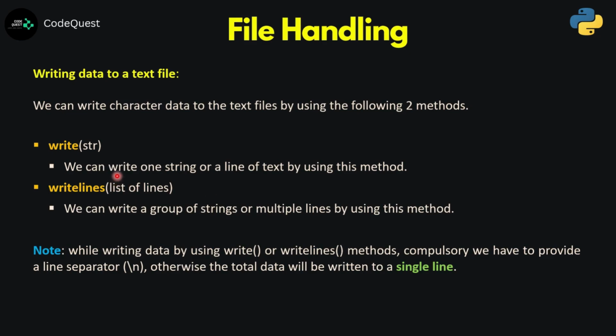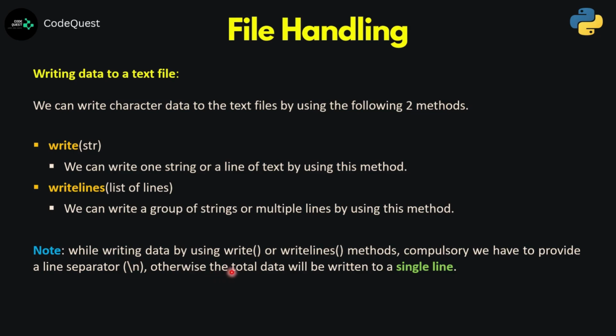So based upon our requirement, either I'm going to write only a single line to my file, or I'm going to write multiple lines to my file. I can choose either write or writelines. Now, while writing this data, with either write or writelines, we have to compulsorily use \n at the end of each string or line.